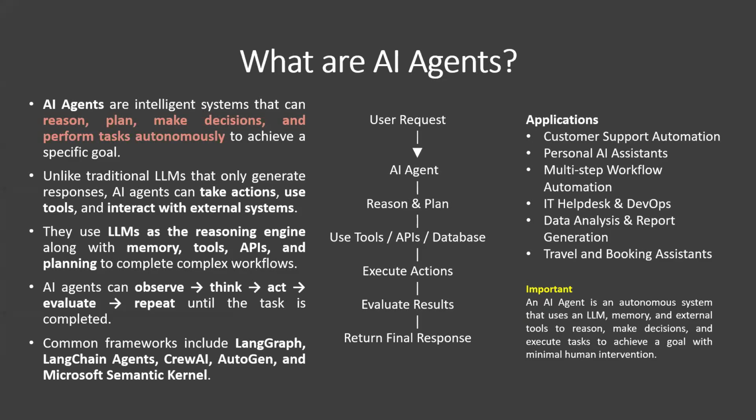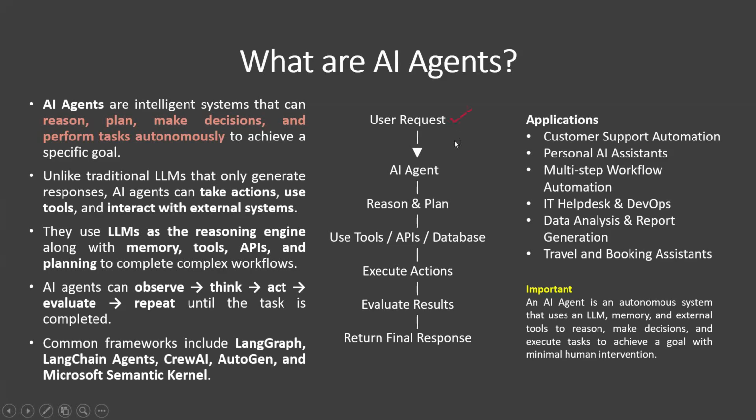They use LLMs as the reasoning engine along with memory, tools, APIs, and planning to complete complex workflows. AI agents can observe, think, act, evaluate, and repeat until the task is completed. Common frameworks include LangGraph, LangChain agents, CrewAI, AutoGen, and Microsoft Semantic Kernel.